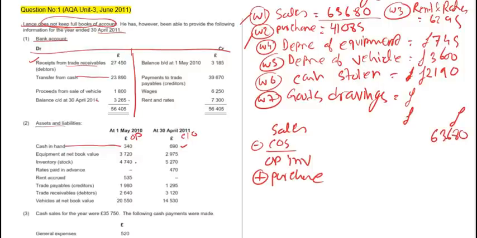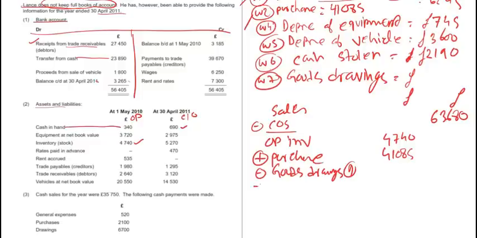Opening inventory is 4740. Purchases are 41085, less goods drawings. That's our balancing figure, we don't know it. Let's do closing inventory. Closing inventory is 2975.